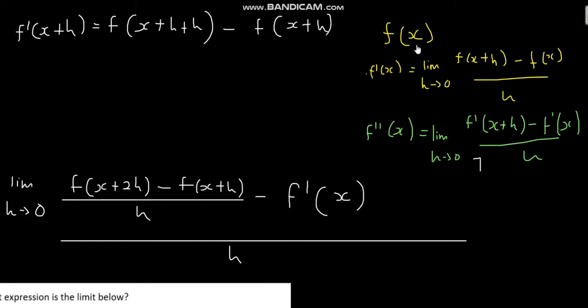So you see that was the same thing happening here, just that the value in this bracket was just x, so I added just h. But in this case we already have h here, so we added another h. That's why it has become double h. Then we can put this x plus h in the second bracket, all divided by h. So that will be the first derivative of this.